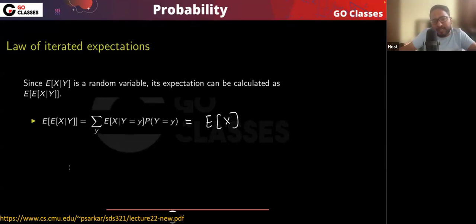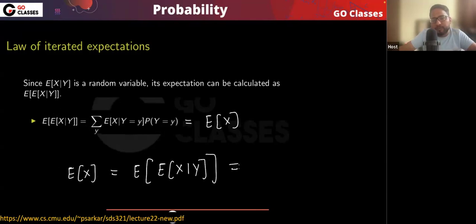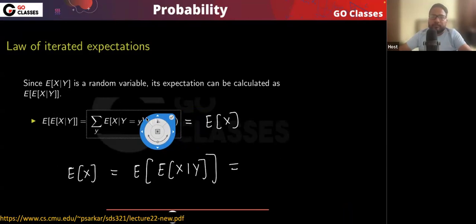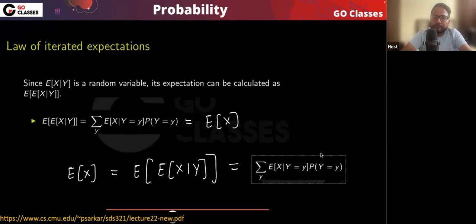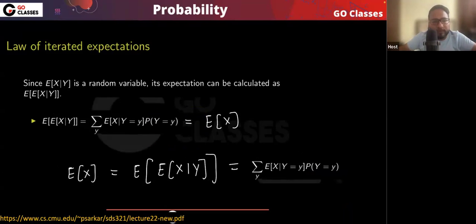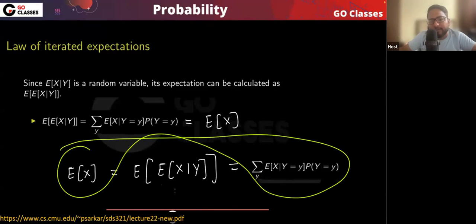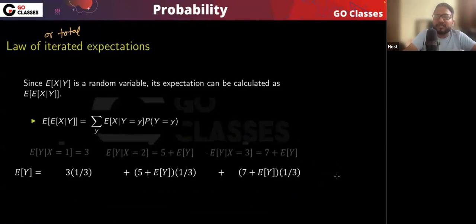So expectation of x, which is the same as expectation of x given y, which is the same as summation over, or maybe I can just copy paste it. See, what I'm saying here is that this particular thing was known to you, right? I'm just saying that this thing is also equal to this thing. It is just a matter of seeing the things differently.